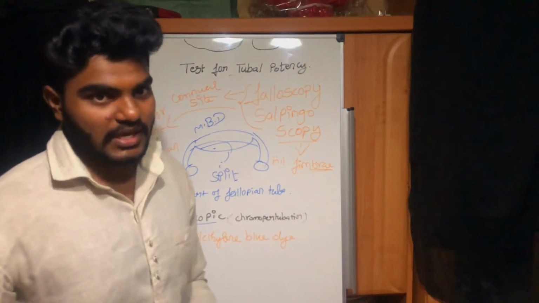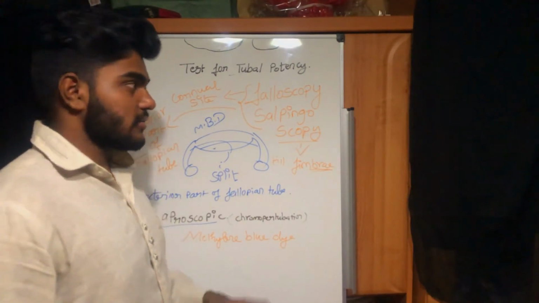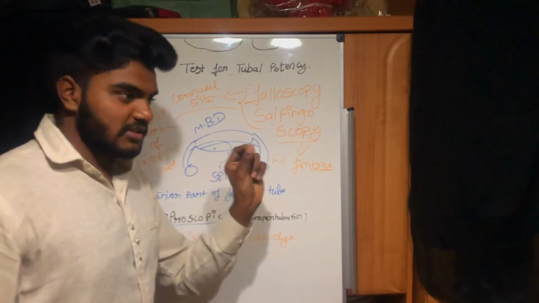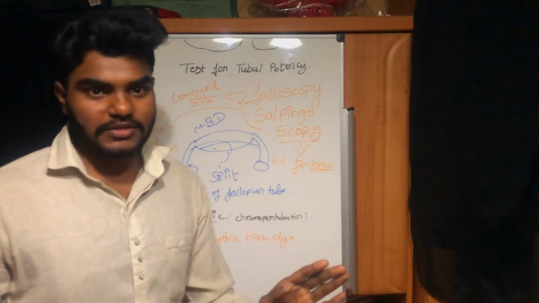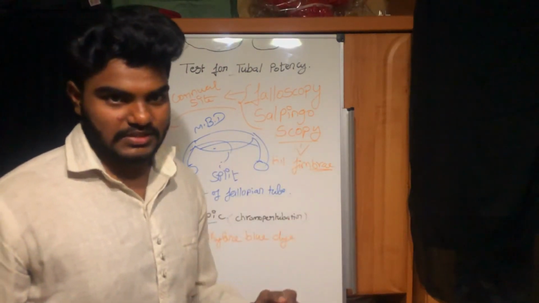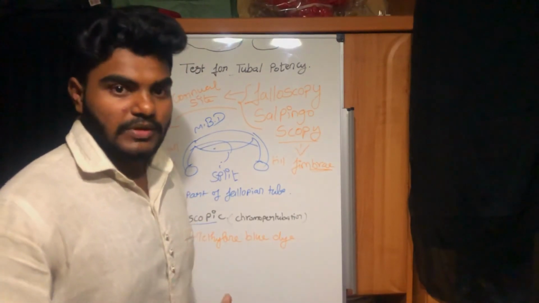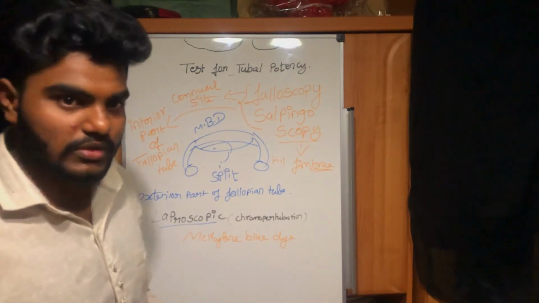First we studied HSG, hysterosalpingography. There are two main important questions: on which day you have to perform the HSG, that is the 8th to 9th day after menstruation, and what should you do before the HSG, that is giving anti-spasmodic drugs to prevent bilateral cornual spasm.